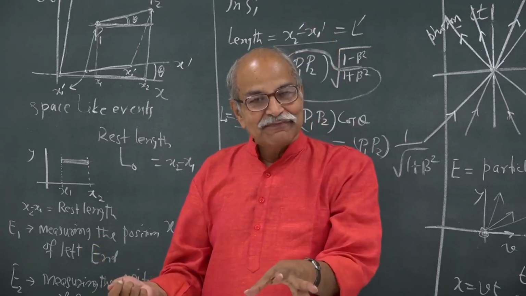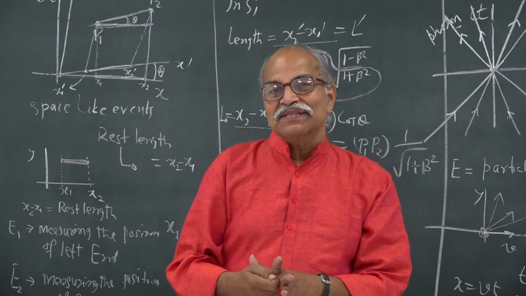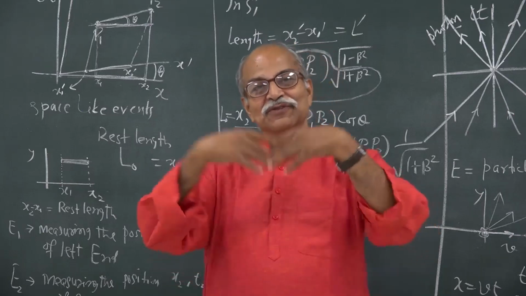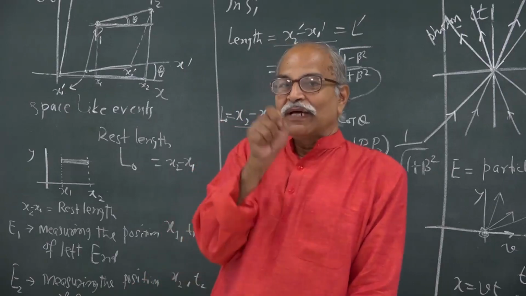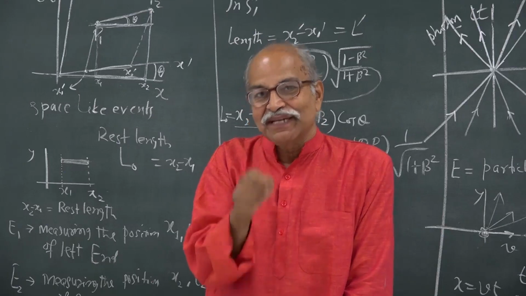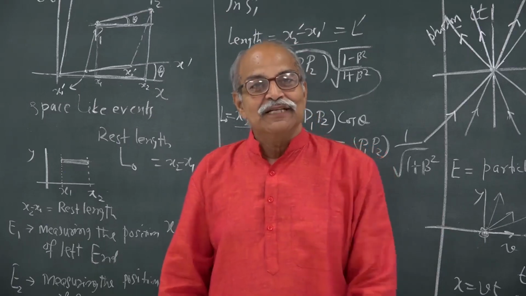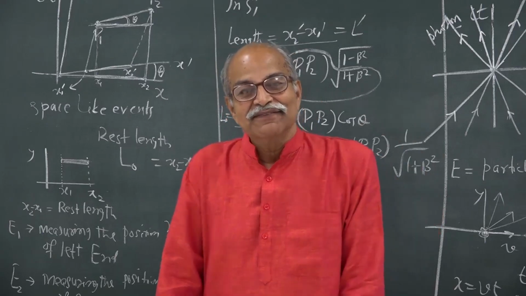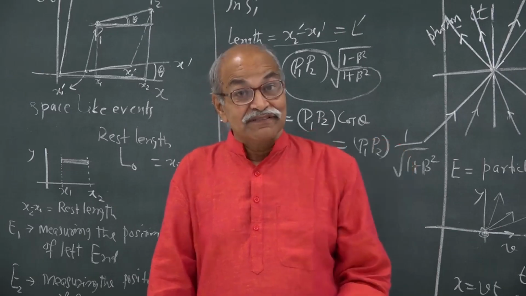If you have one frame which is inertial, then all frames moving with constant velocity with respect to this frame are also inertial, and you cannot pick one and say this has something special. Maxwell's equations must be correct in this, the speed of light should be c in this. So, respecting that principle of relativity, we changed the Galilean transformation.